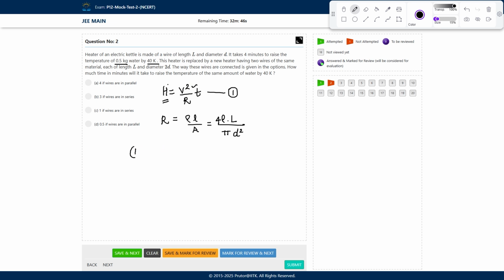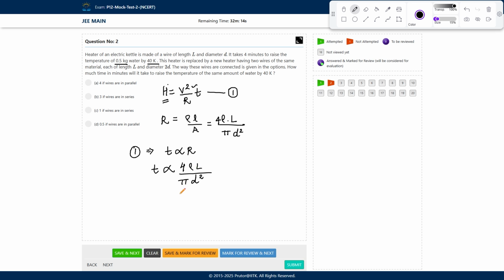That means from equation 1 we can say T is proportional to R. For the initial case, T is proportional to this term, 4 rho L upon pi d square.